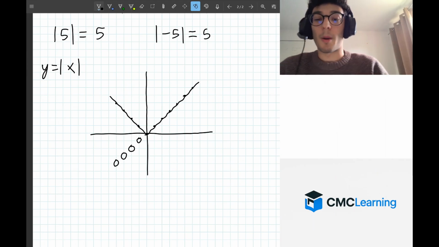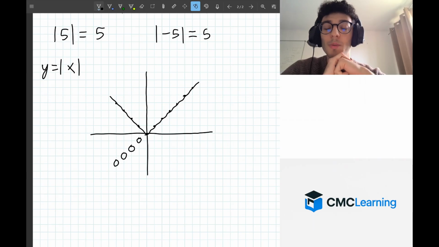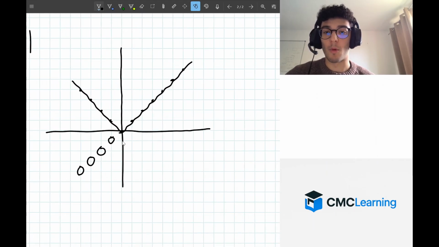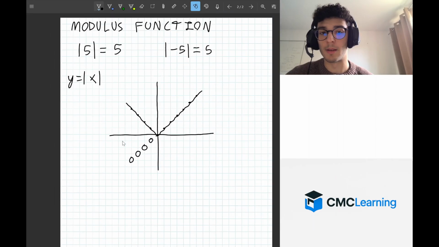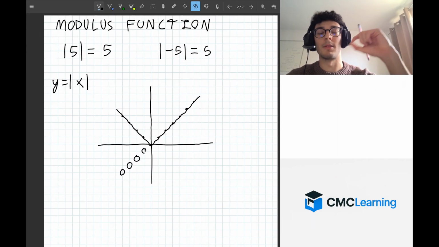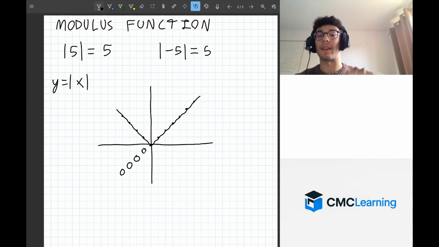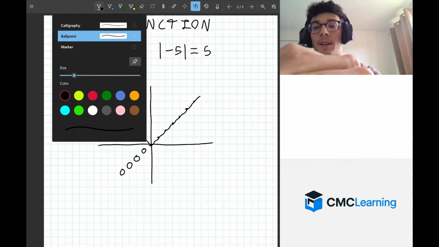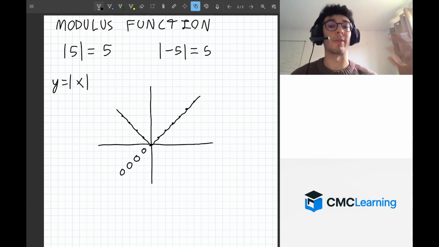There's an interesting property about what we do to each of these points when they are negative. So if we have a look, essentially what we can do is multiply these negative values. If we're bringing them up, we're reflecting them in the x-axis. It's very similar to multiplying by -1.